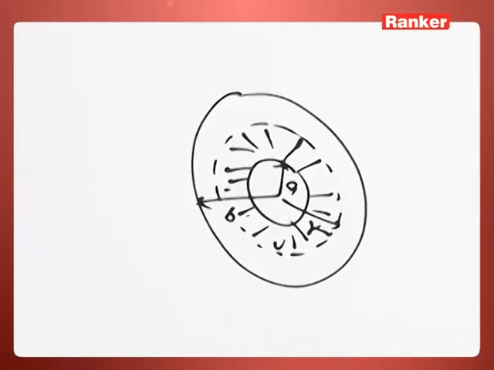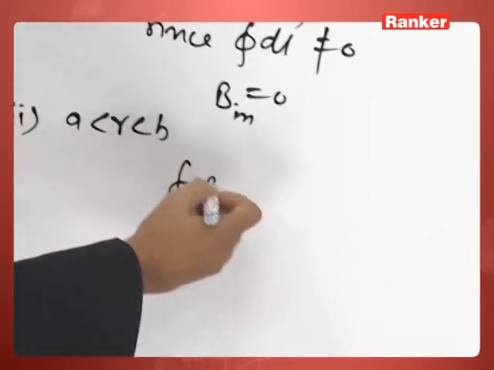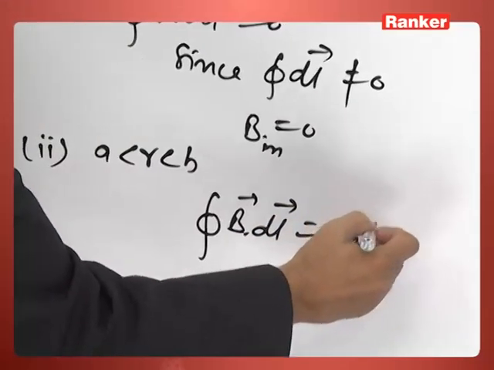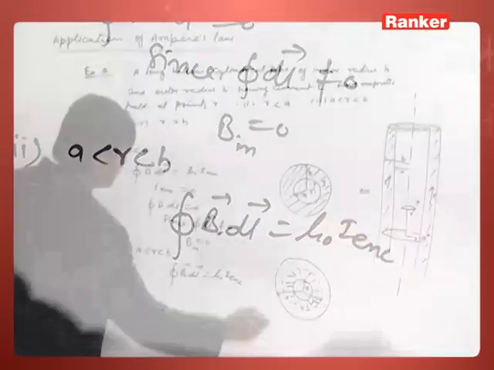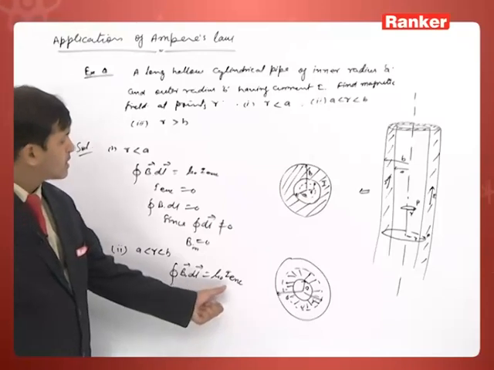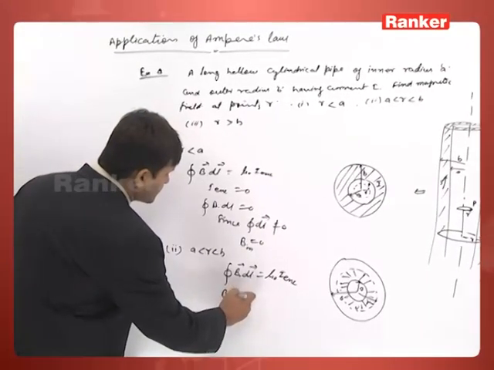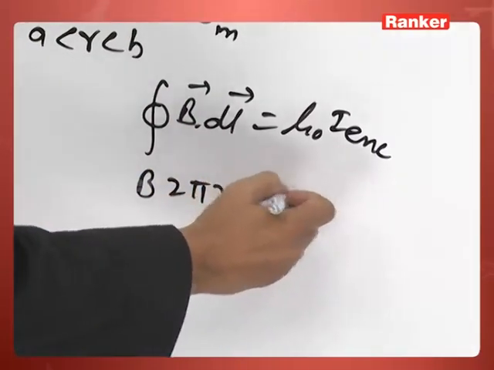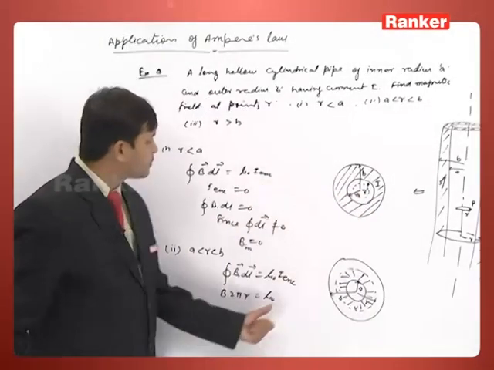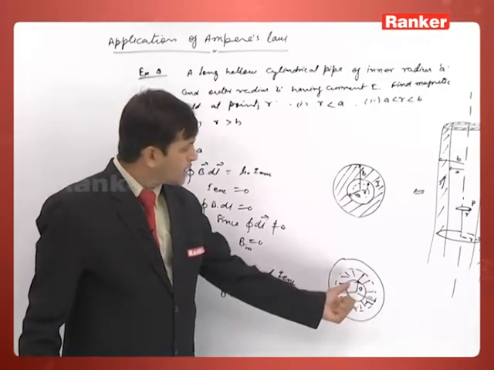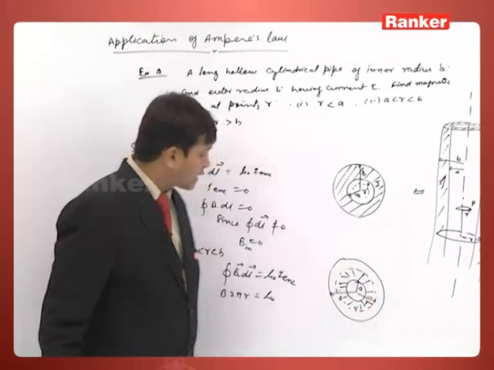According to Ampere's law, B dot dl equals mu naught I enclosed, so we can write B into 2 pi r equals mu naught I enclosed. The main point is the calculation of I enclosed, the current through this part.